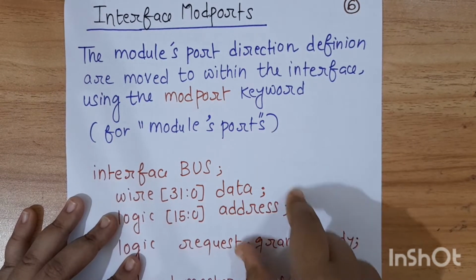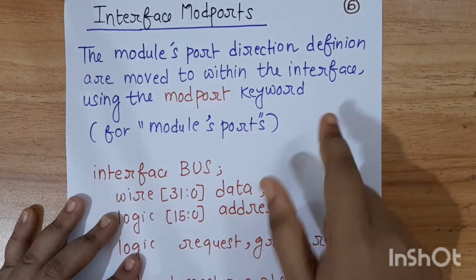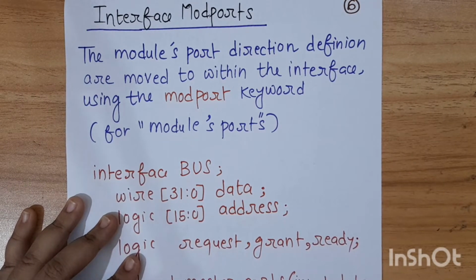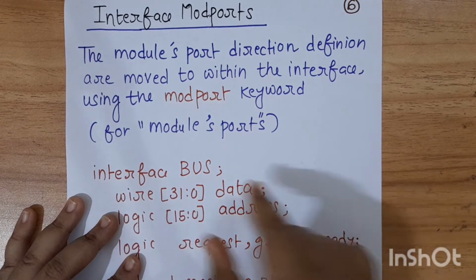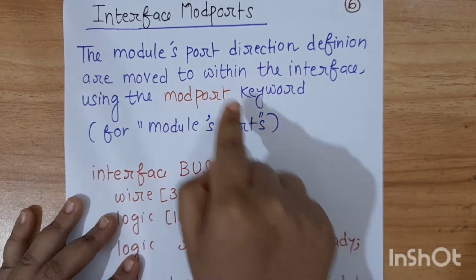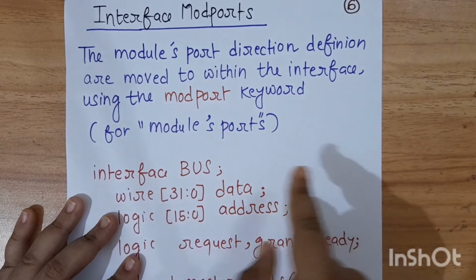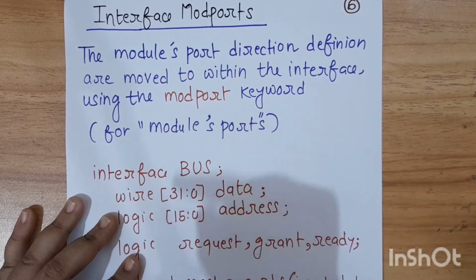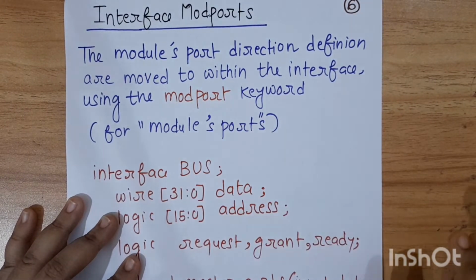Those signals will be used in both master and slave, and the direction of the same signals in master is different from that in slave. So the direction with respect to the master and the slave is provided through the keyword modport, which is included inside the interface.